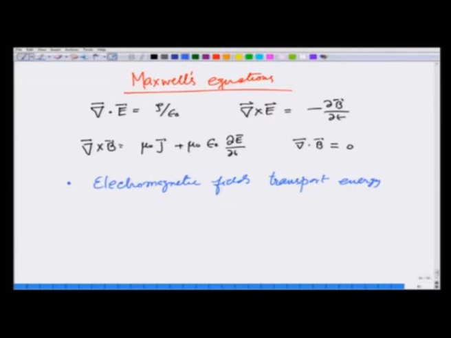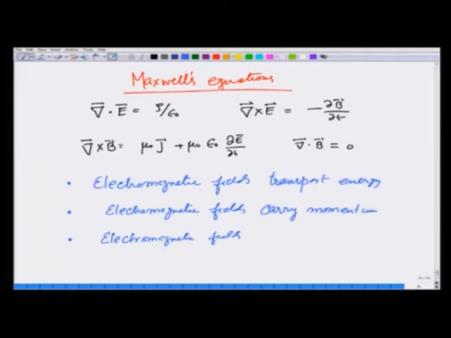So, if I have magnetic and electric field together, they transport energy from one point to the other. 2, electromagnetic fields also carry momentum, and if they carry linear momentum, then r cross p is angular momentum, and therefore, electromagnetic fields also carry angular momentum. In this lecture, I want to focus on the energy.